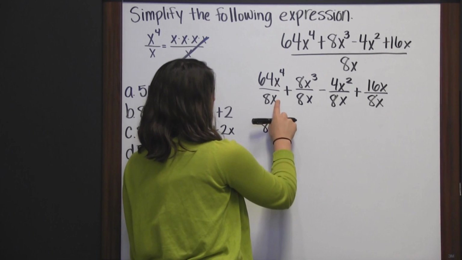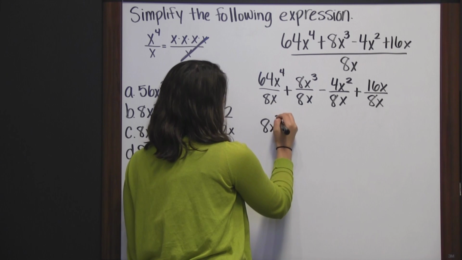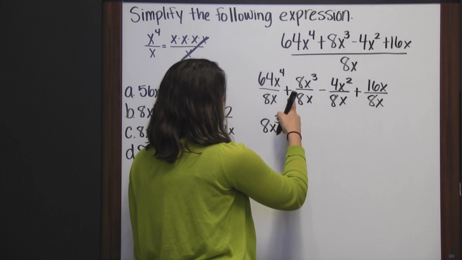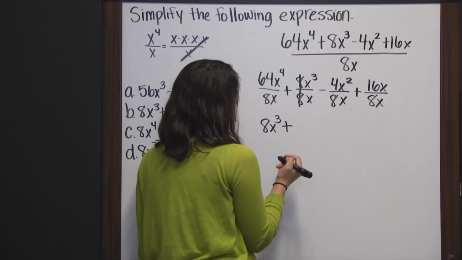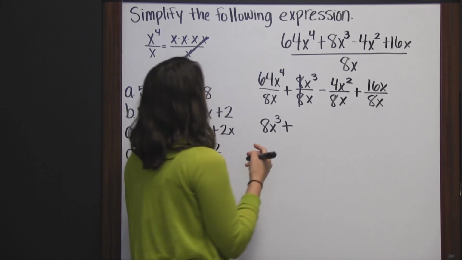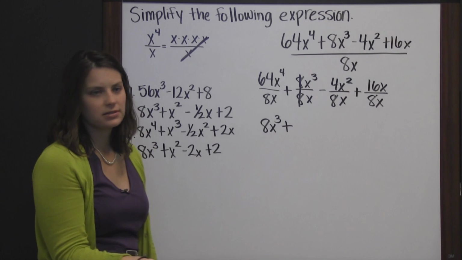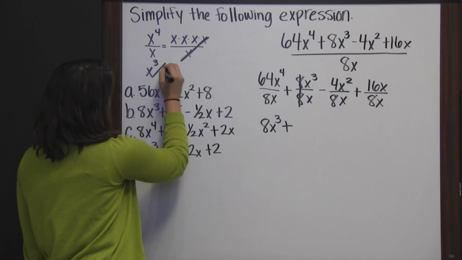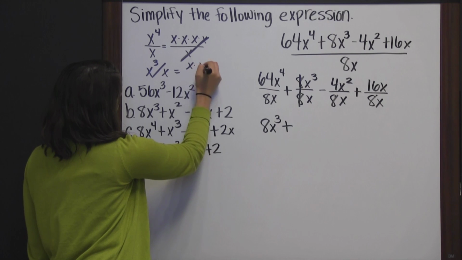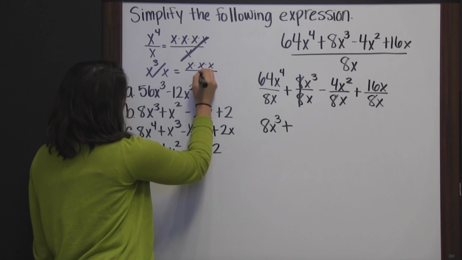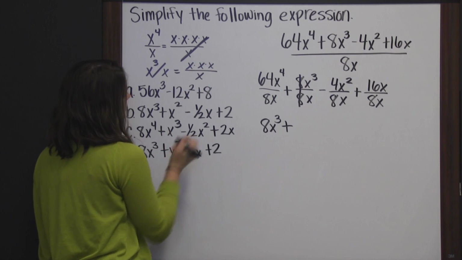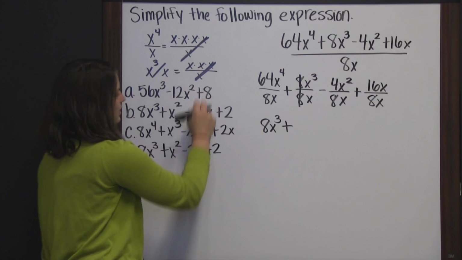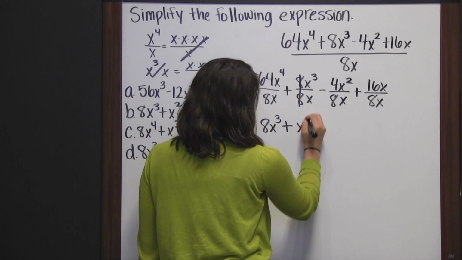So x to the fourth divided by x is x cubed. Plus 8 divided by 8 is 1 times, and then we do the same thing with x cubed divided by x. So x cubed divided by x would be x times x times x divided by x. X divided by x is 1, so you're left with x times x, x squared.